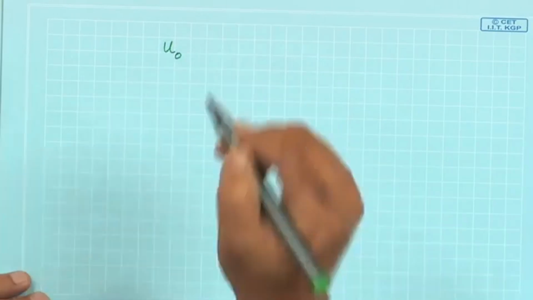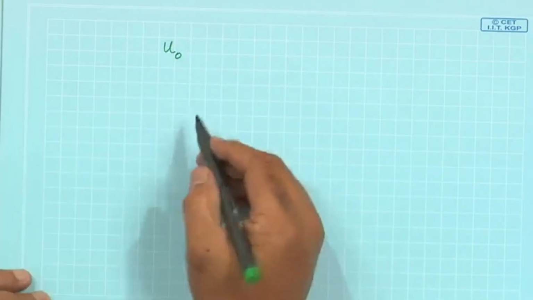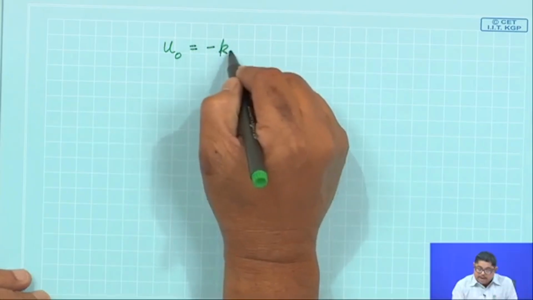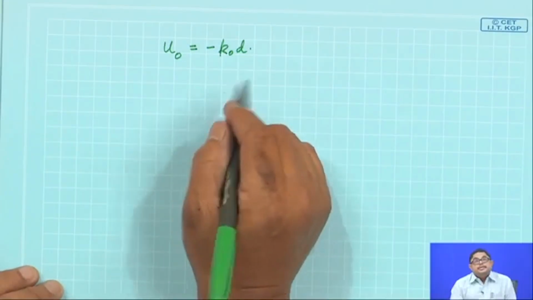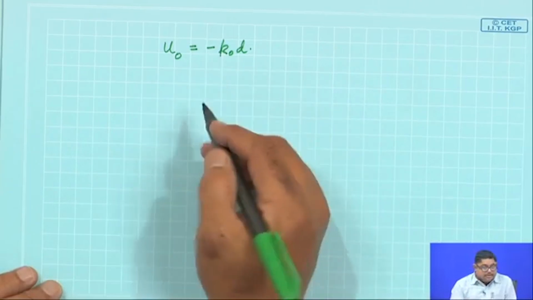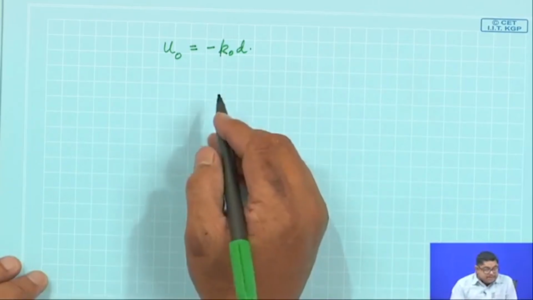So, in the Endfire array, the progressive phase shift, which was our previous day's convention u naught, we will have to choose as minus k naught d. That means, to travel an inter-element distance, the space phase acquired by a plane wave, the negative of that we are giving as the progressive phase shift.